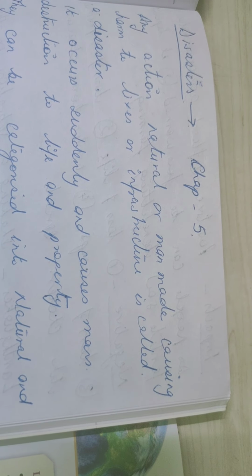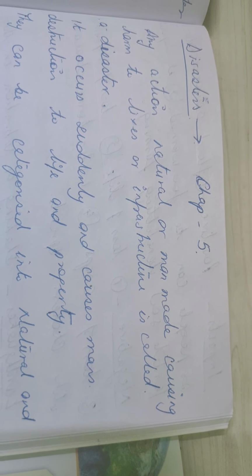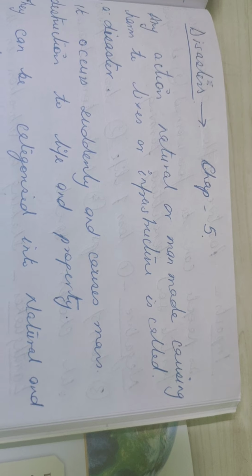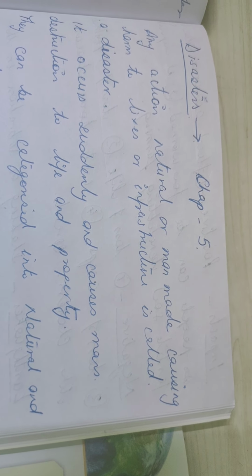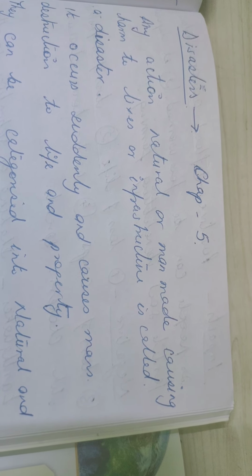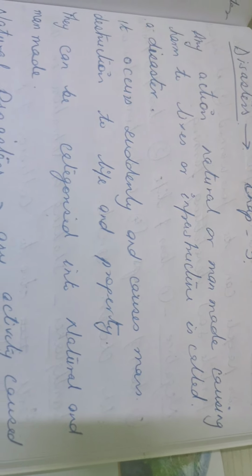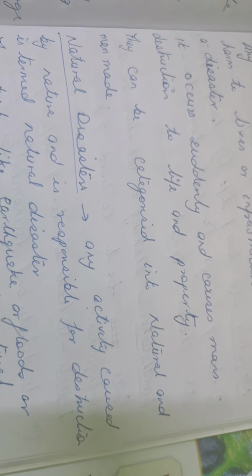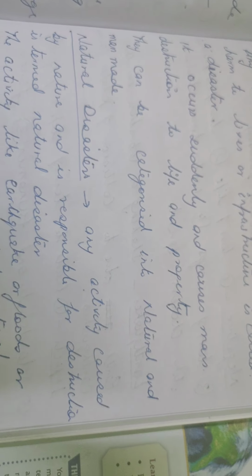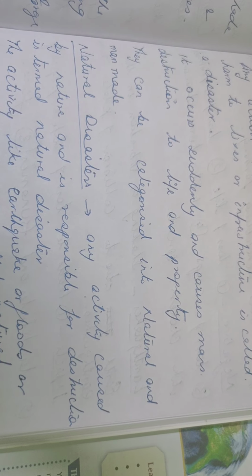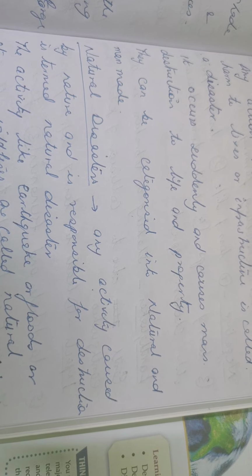For example, a flood, an earthquake, a volcanic eruption, a fire, an accident, a terrorist attack, they are all termed as disasters. And we can classify them into natural and man-made disasters. Natural disasters are the disasters which happen by nature.